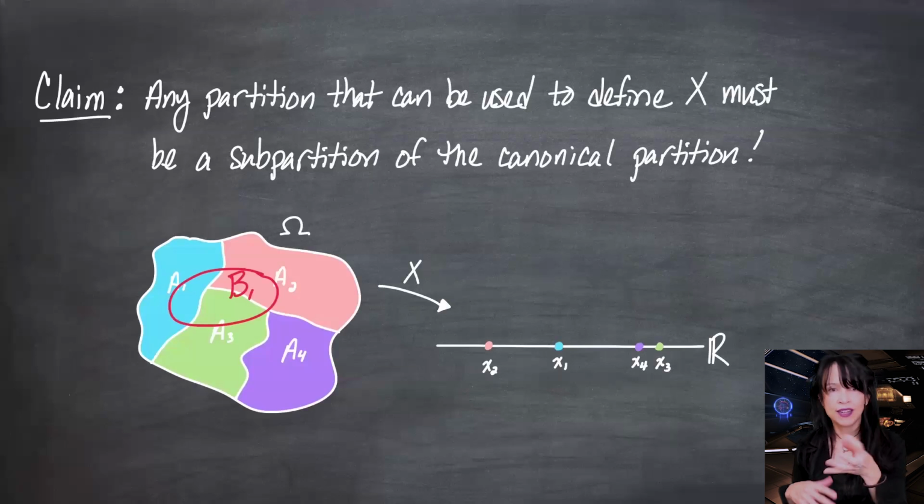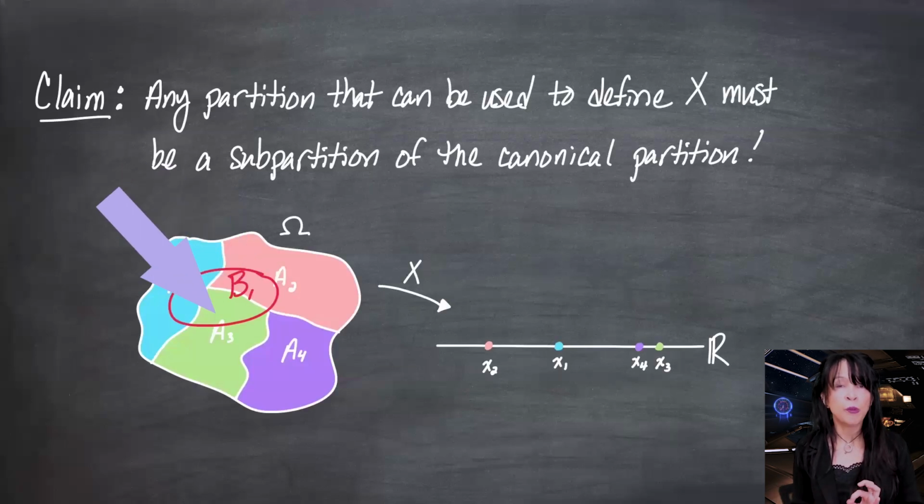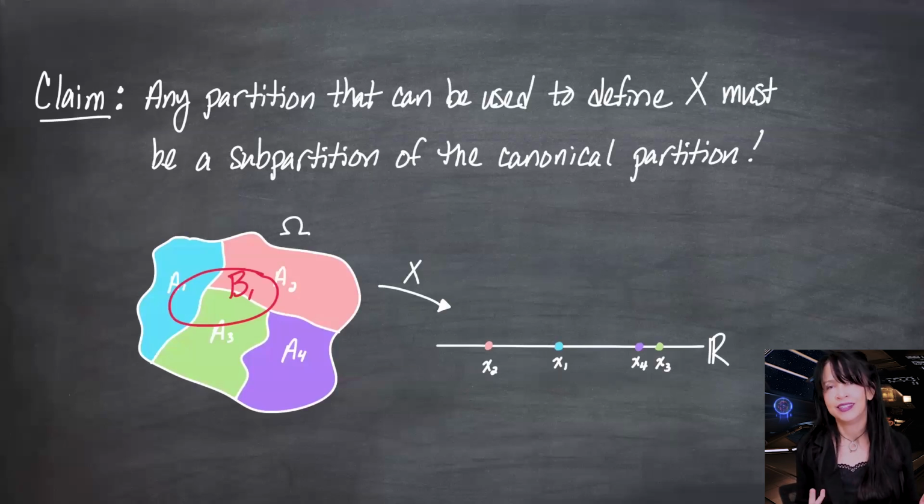And if it's in A3, it has to map to little x3. And we said that little x1, little x2, and little x3 cannot be the same. But if there's another partition here with a set capital B1, that's saying that points over here, here, and here will all map to the same value, y1, but x1, x2, and x3 are not the same value, and you get that same contradiction. So this is basically what I said on the slide before, only slightly more generally.